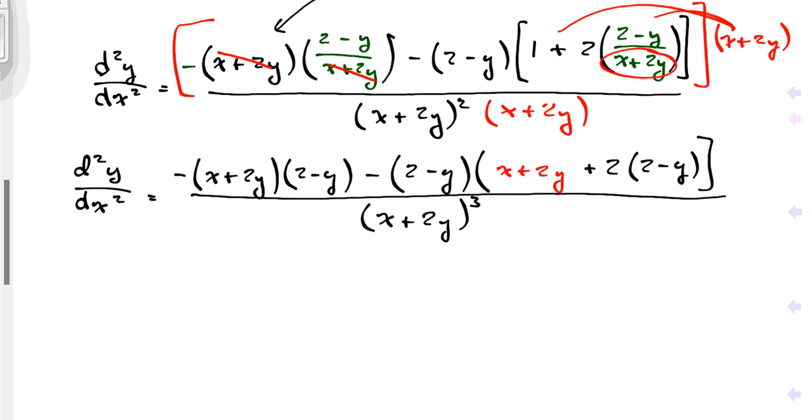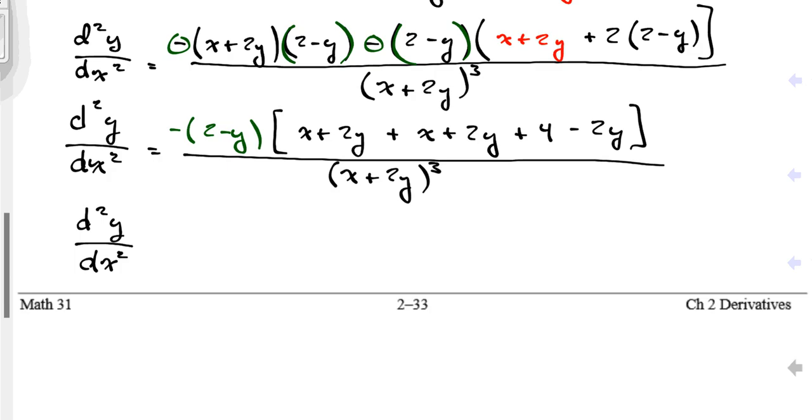So now I could expand out the numerator, or I could factor out a 2 minus y. I don't know what's going to be best. So just out of habit, let me factor out the 2 minus y. I may end up multiplying it in later, but I'll start by factoring that out. So now I'll simplify inside that square bracket.